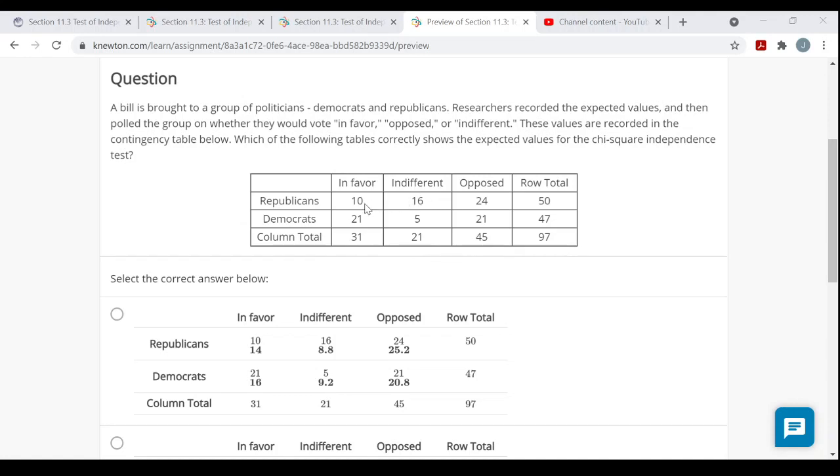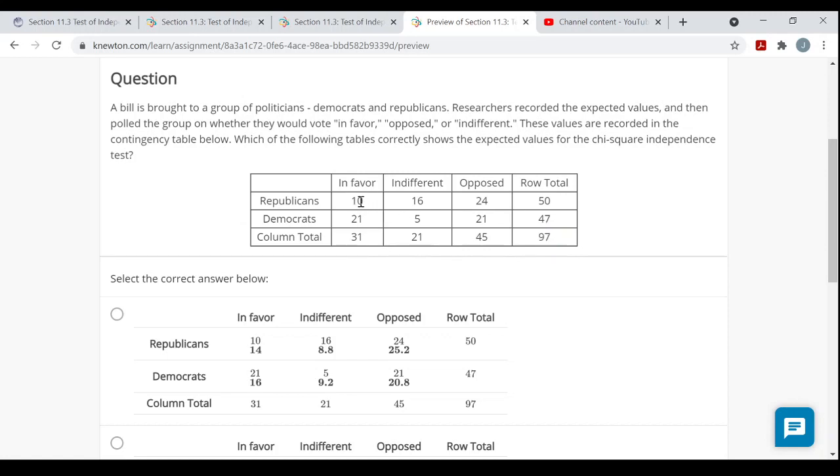Now recall that for the expected value for each cell, how many would you expect to be a Republican and in favor, you take that row total, multiply by that column total, and then divide that product by the grand total. There are a total of 97 senators, politicians, in this table.